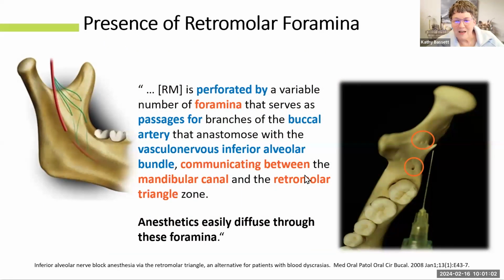For this, there's a lot of text here, but here's the punchline. Many of us have networks of accessory foramen in the mandibular retromolar region, and the inferior alveolar neurovascular bundle can innervate the teeth actually within the body of the ramus and that retromolar triangle.